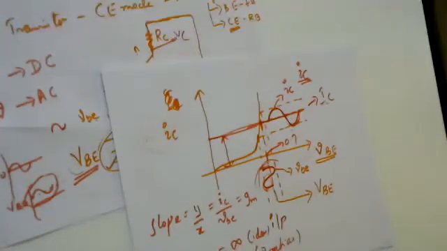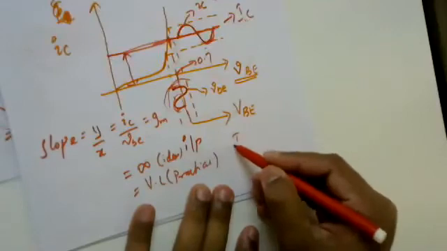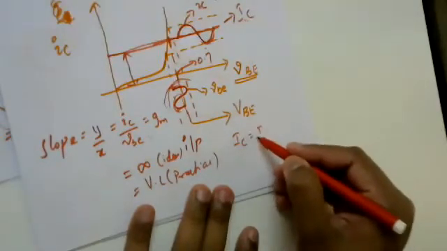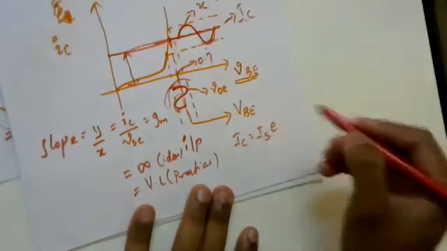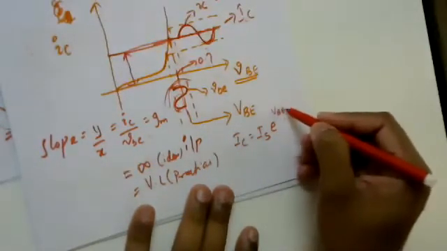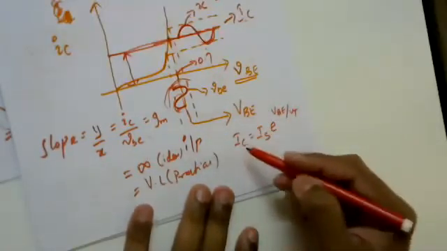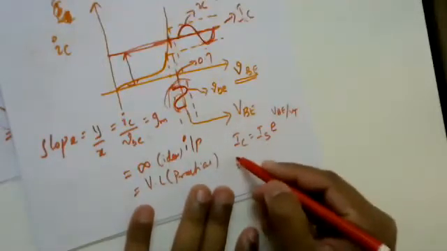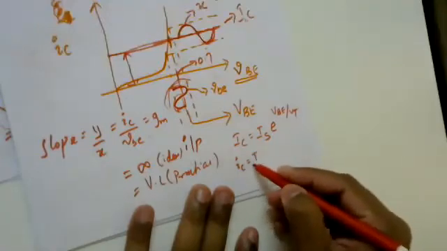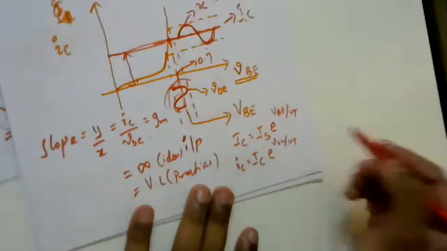Regarding the collector current and the transconductance, you should remember that the collector current is given by the equation IC equals a saturation current IS times e raised to VBE divided by VT. This is the DC collector current. For the AC collector current, we can say that ic equals IC e raised to vbe by VT.